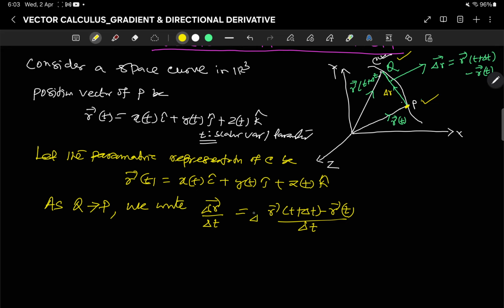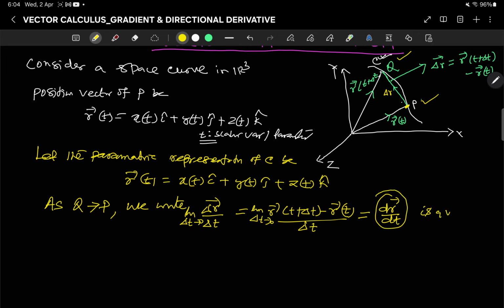As delta t tends to 0, this will give you dr by dt.